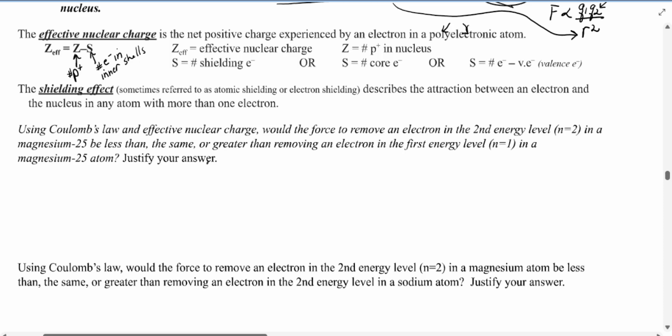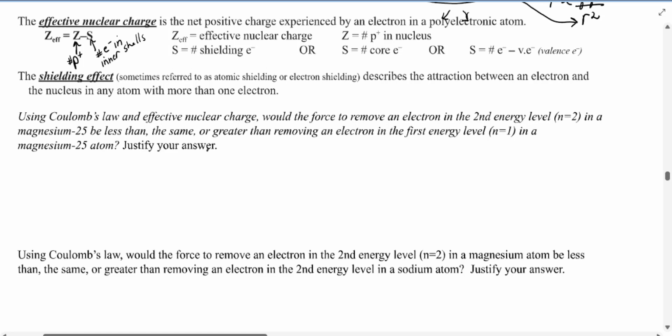So this looks like the exact same problem that we've had before, and it is, except we're going to justify it using effective nuclear charge now. It says, using Coulomb's law and effective nuclear charge, would the force to remove an electron in the second energy level in a magnesium-25 atom be less than, the same, or greater than removing an electron in the first energy level in a magnesium-25 atom?